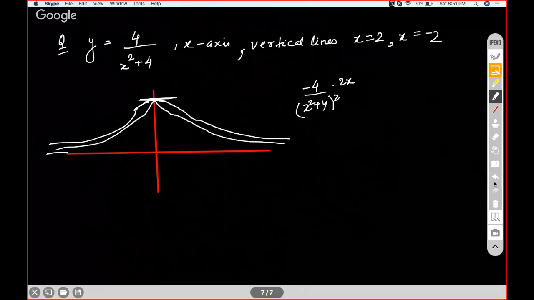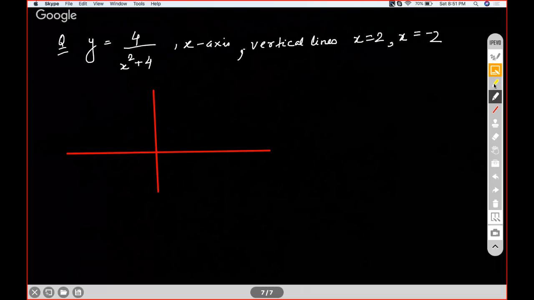Exactly. So in light of this, my curve is going to be looking like this. Correct? Exactly symmetrical. Now x equal to minus 2 and x equal to 2 would be this area.